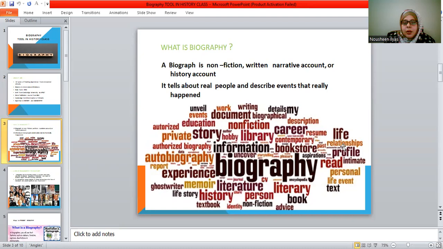Obviously, it includes relationship, life, career, non-fiction, private areas, story, education, documentation, literature, life story. So overall, we can use some points for history, and some points for English literature especially as well.